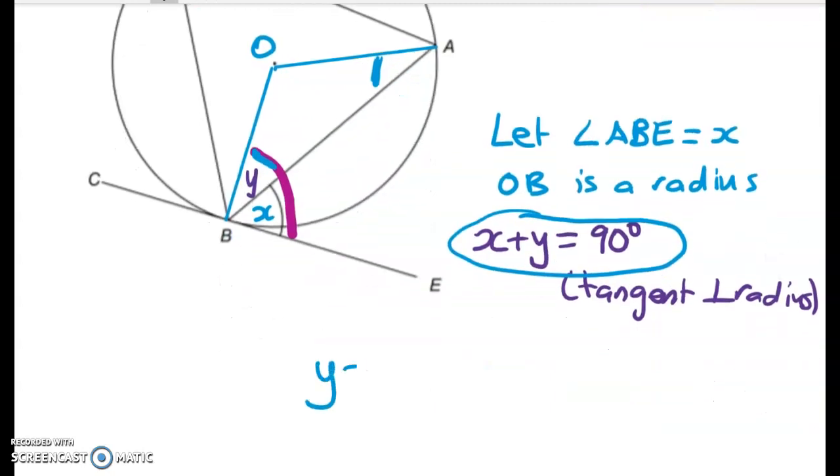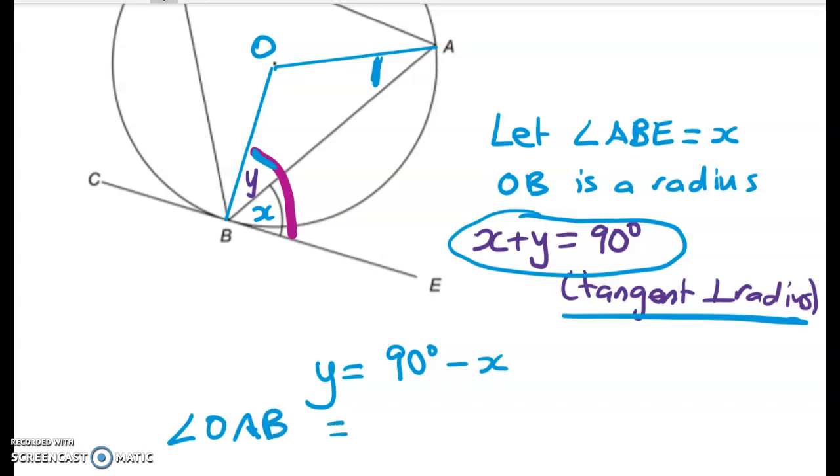So I'm going to proceed as follows. I'm going to say that Y is equal to 90 degrees minus X. I haven't used a new reason for that. Okay, that's still just coming from this idea here. But the new thing that I can say is that angle OAB is also equal to 90 degrees minus X.